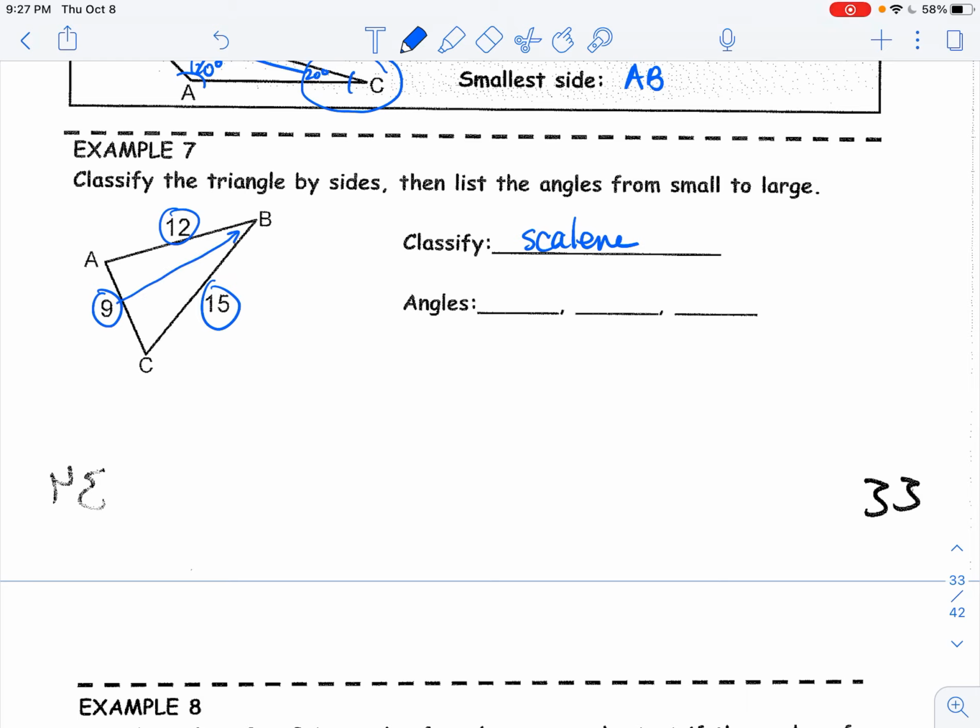So the smallest side is 9, so the angle that is the smallest is angle B. And we're listing these from small to large. Well, 12 is in between 9 and 15, and 12 is across from C. So that's our next smallest. Our largest angle is going to be angle A, and that's because it's across from the largest side.